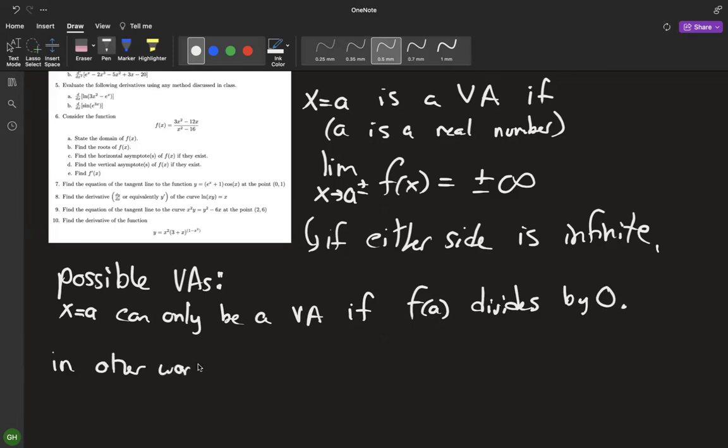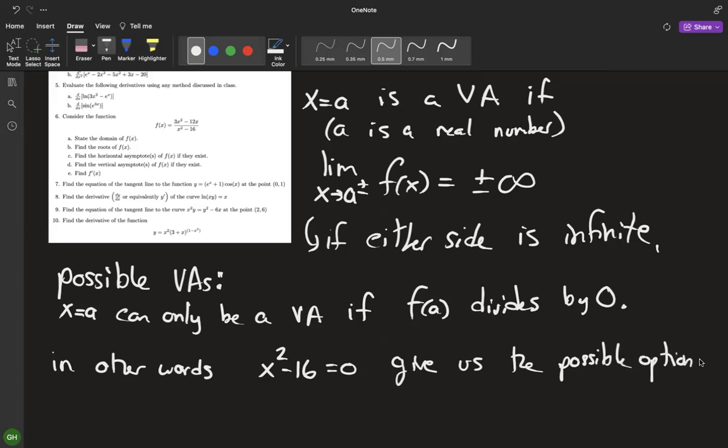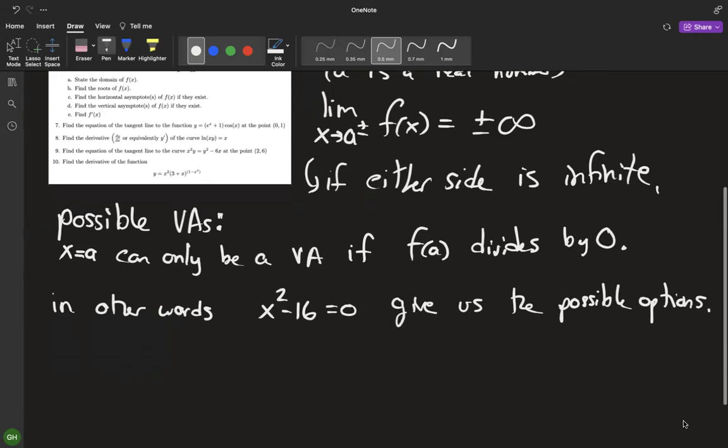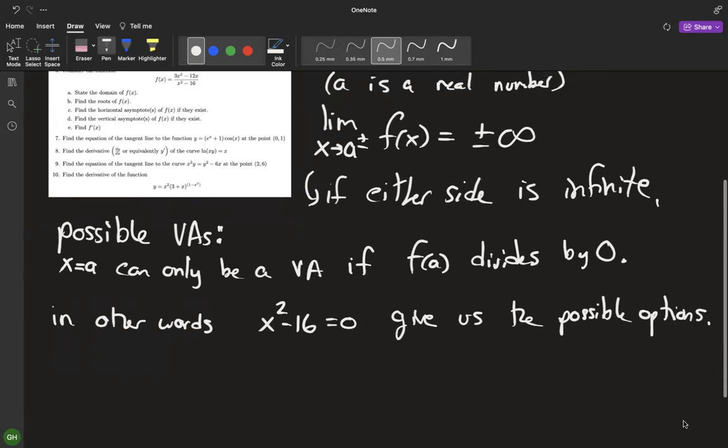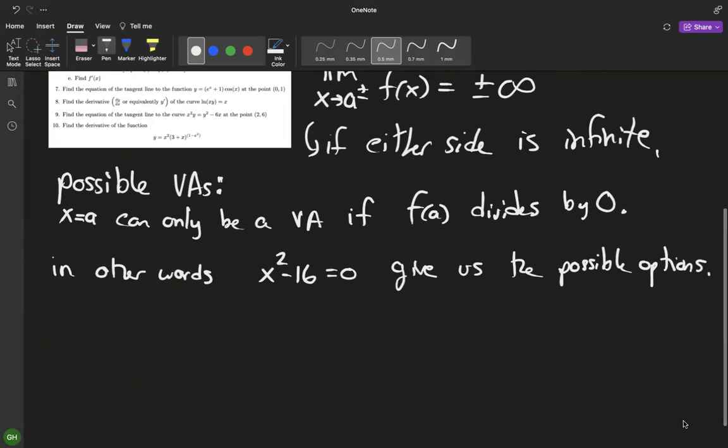So in other words, I just need to see my solutions to x squared minus 16 equals 0 give us the possible options. And I'm not going to do the work again. We did that in part A. We get 4 and negative 4.